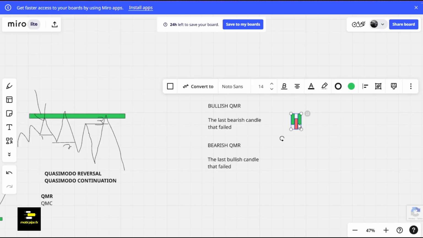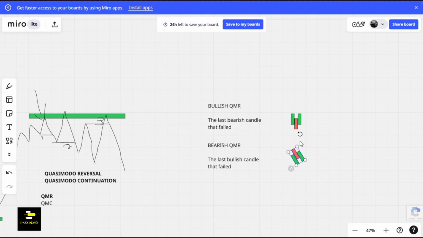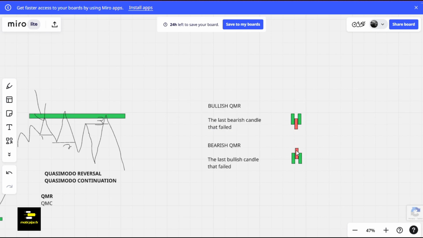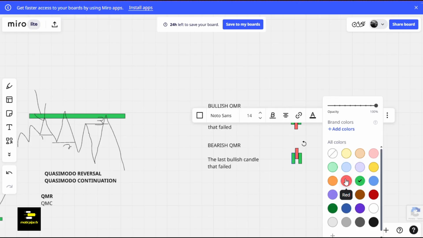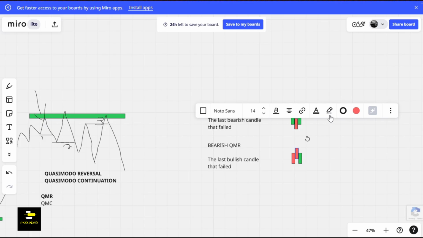Let's just duplicate this here, rotate it this way. All right, great. Then change colors. This becomes red. This becomes green.